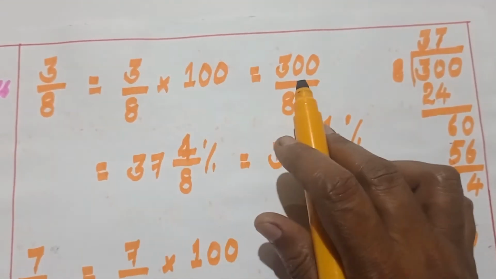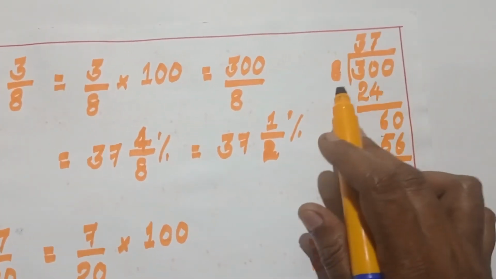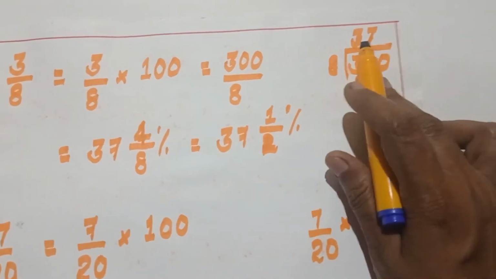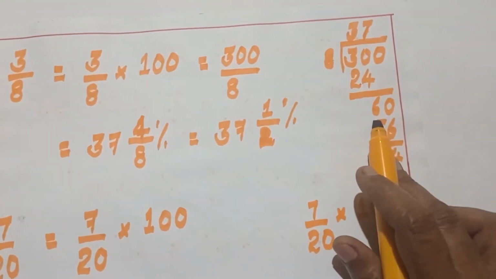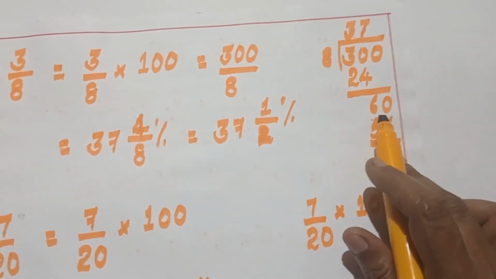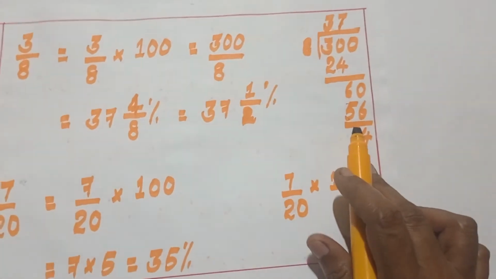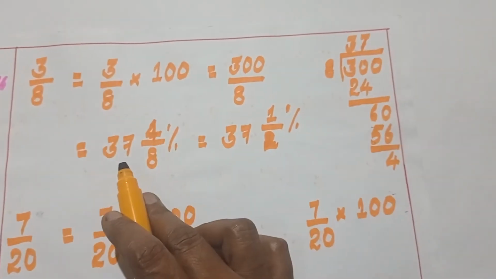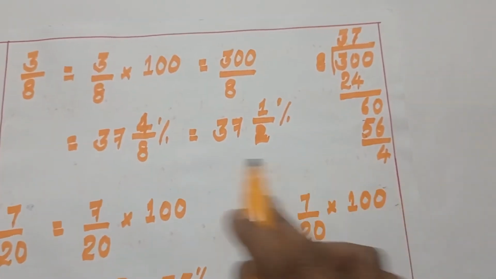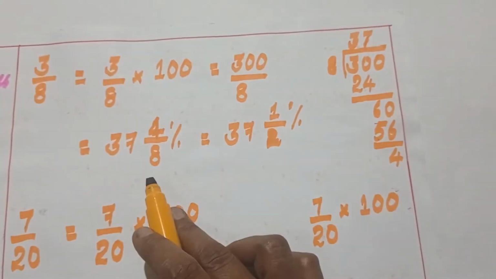3 into 100 is 300 by 8. We divide 300 by 8. 8 into 3, 24, remainder 6. Then put the 0, 60. 7 into 8, 56. Remainder 4. Then we can write 37 and the remainder as the numerator with denominator 8.